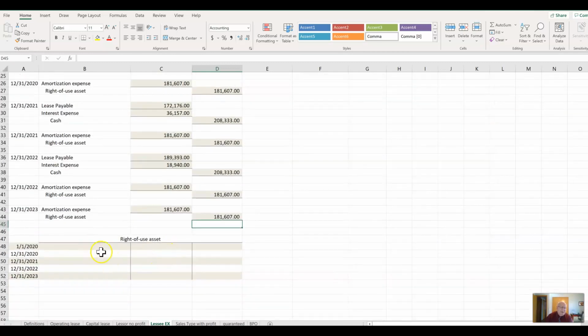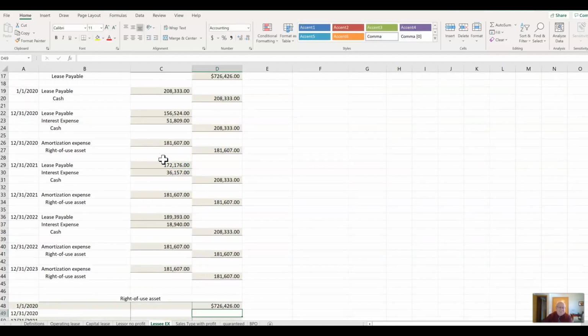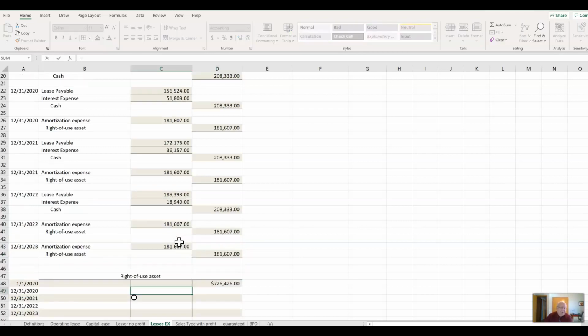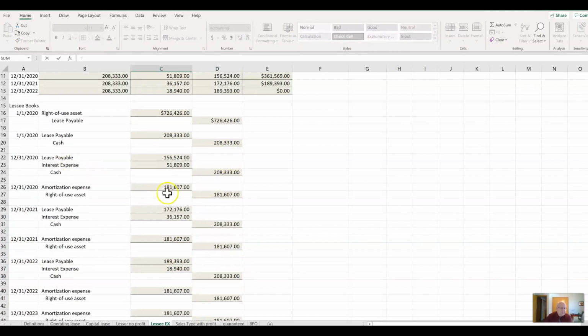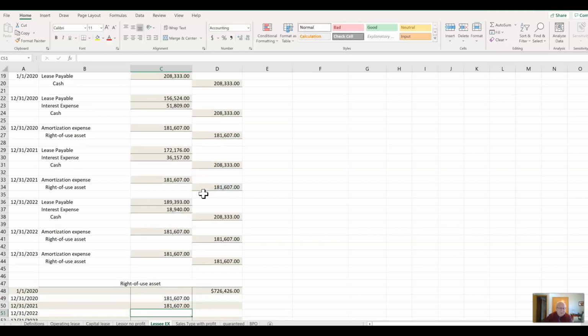And what I did down here was to kind of prove this out. I had the cost of the asset, the right to use asset, was that. And then on 12/31 of 20, I had this one. And on 21, I had 181,607.